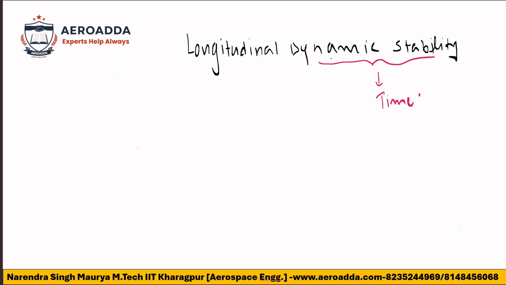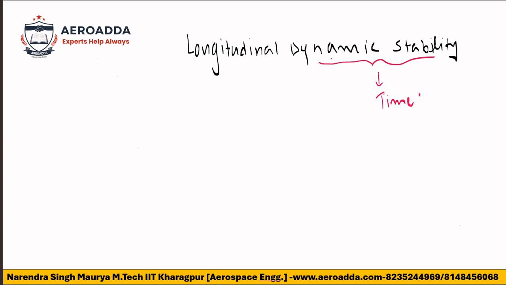And meanwhile we have to check the time response: is it finite time or infinite time, or without any oscillation is it coming to its initial condition? So with time response, as I have told you, it should come to its initial condition, to the original position, but in a finite period of time.